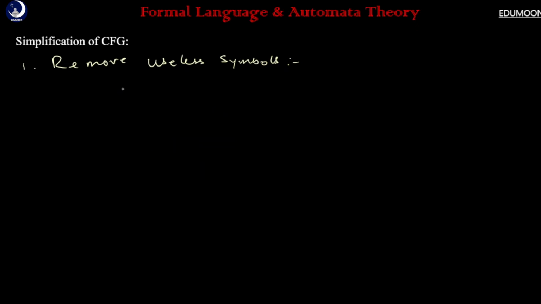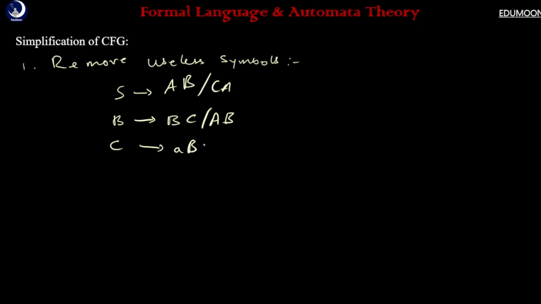Let us take one more example: S tends to AB or CA, B tends to BC or AB, the production of C is given as AB or b, and the production of A is given as small a. Let us assume this is the given grammar. First of all we check which are the useful symbols here.